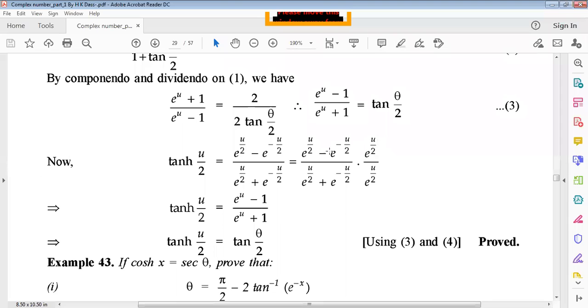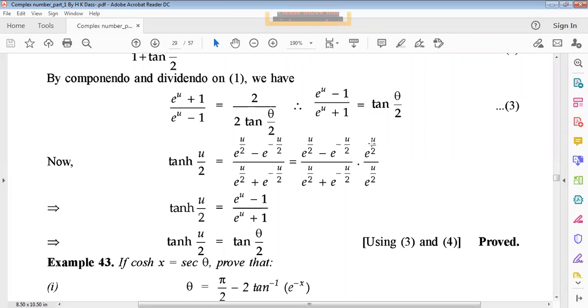Now e to the power u by 2 multiplied by e to the power u by 2 will be only e to the power u, because u by 2 plus u by 2 is only u.